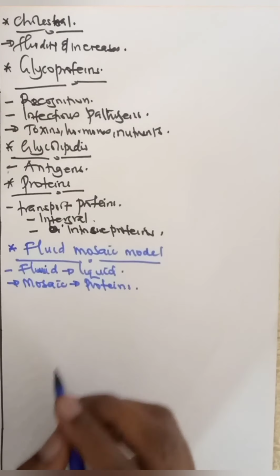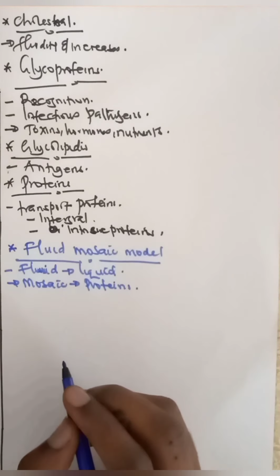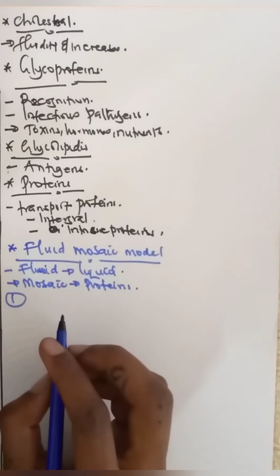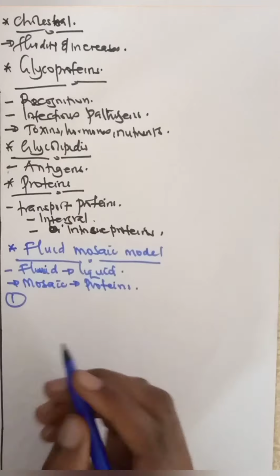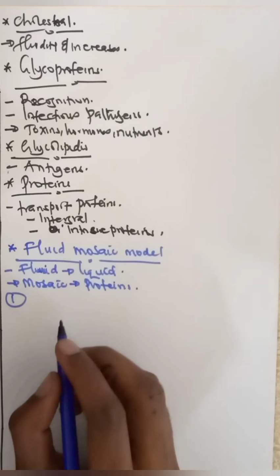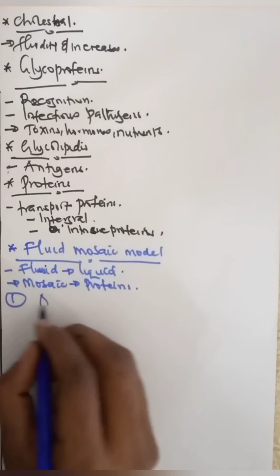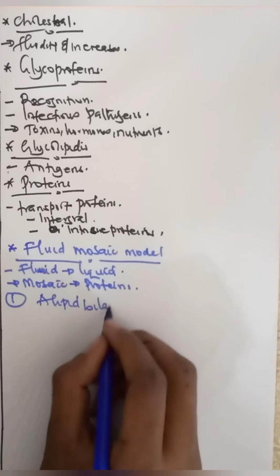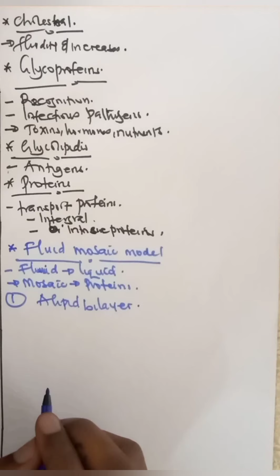As far as the Singer and Nicolson fluid mosaic model is concerned, they stated that the plasma membrane is essentially composed of a lipid bilayer. That's one.